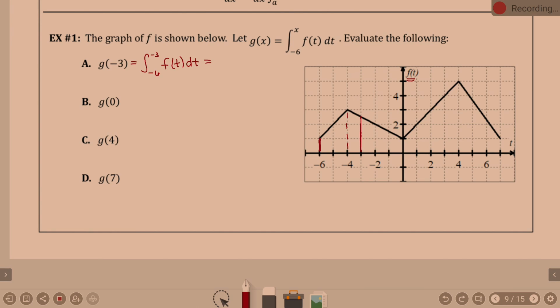What did you say, Hannah? Like the right side, left side trapezoid. Say that again? Like the right side, left side, right trapezoidal. Yeah. Okay. So, I was going to do the trapezoid from -6 to -4. Do you guys see that one?